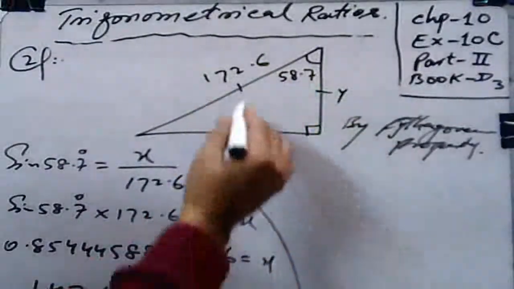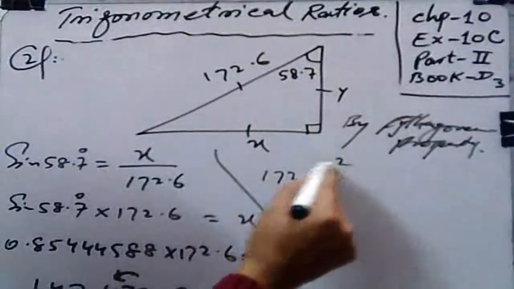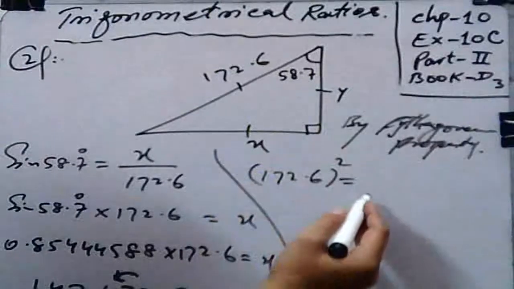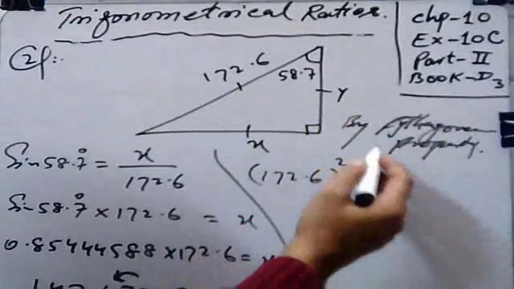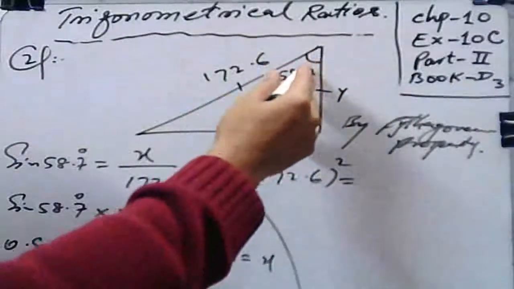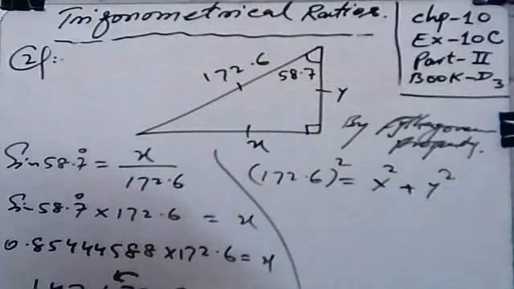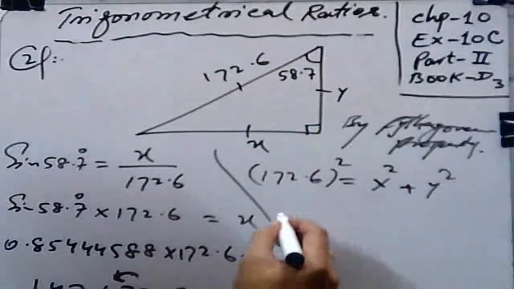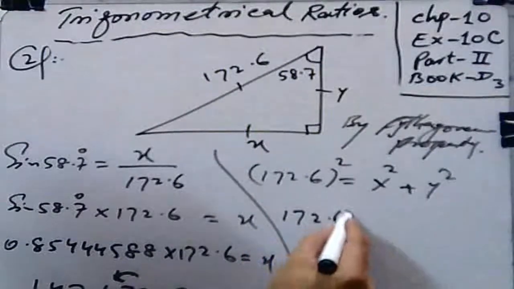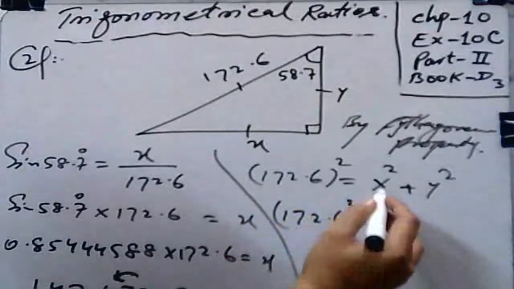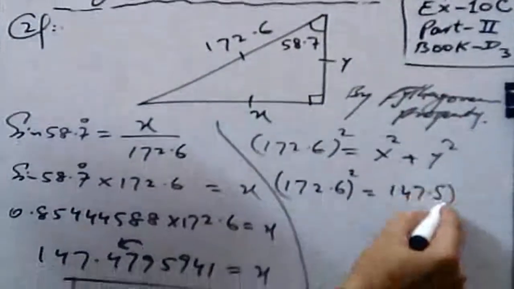So by Pythagorean property we know that the hypotenuse square is equal to base square plus perpendicular square. So that is your hypotenuse and this is your perpendicular, and we need the value of y square. You know what is the value of x?